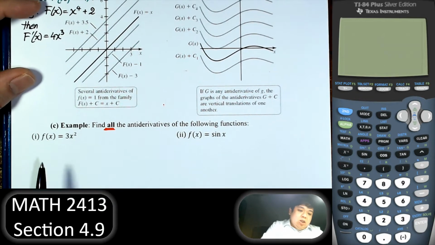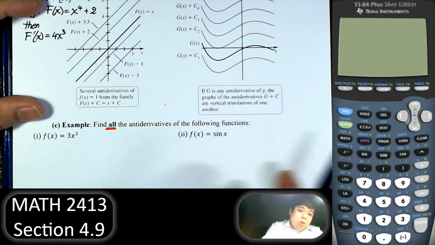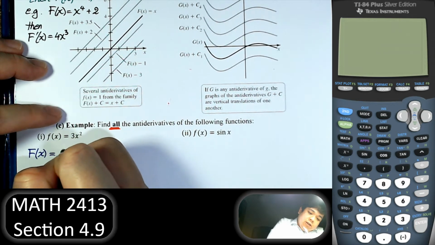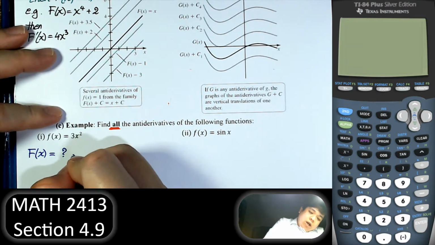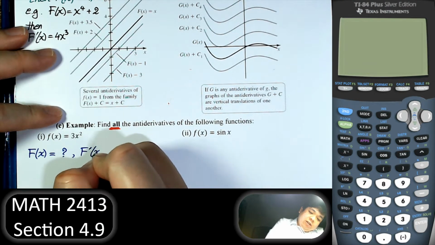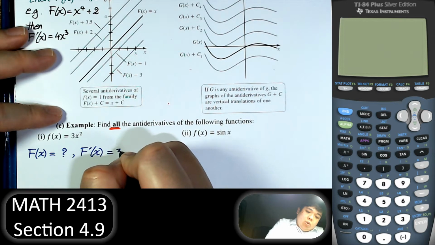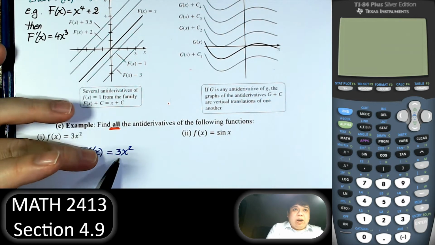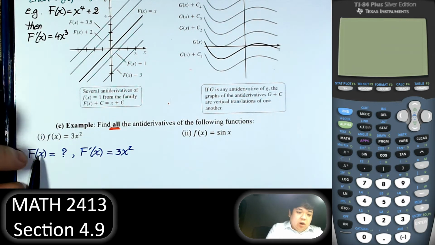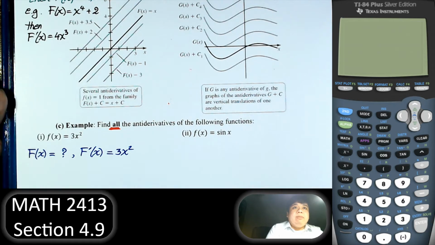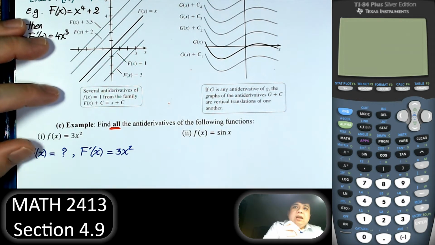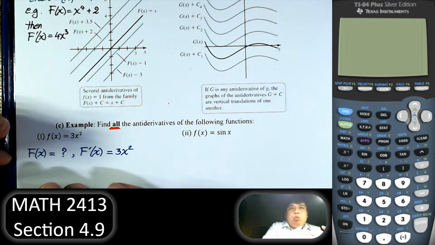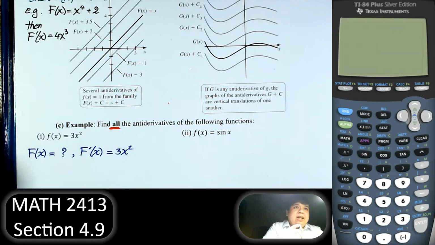We have f of x equal to 3x squared. We need to find another function whose derivative is equal to 3x squared. So what function will have derivative 3x squared? You see x cubed: the derivative of x cubed is 3x squared.